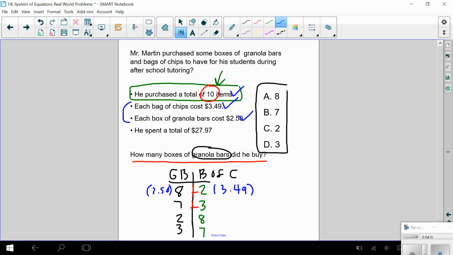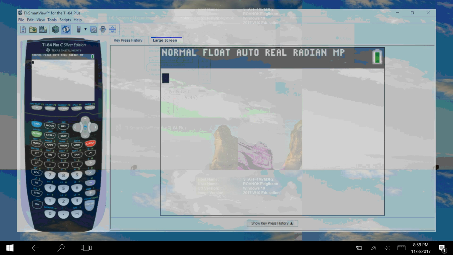Last, what we know is that he spent a total of $27.97. So the way we're going to do this is we're going to say 2.50 times 8 plus 2 times 3.49 equals what? We're looking for the one that equals 27.97. So we're going to type that in directly into our calculator like it looks.